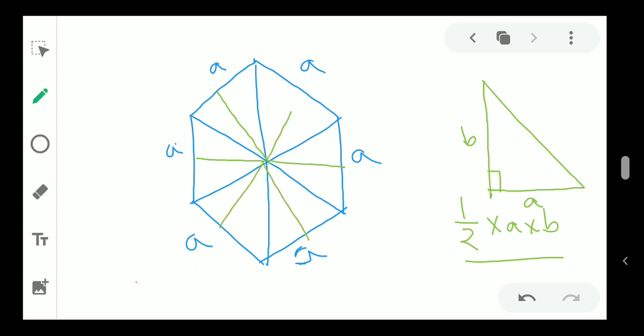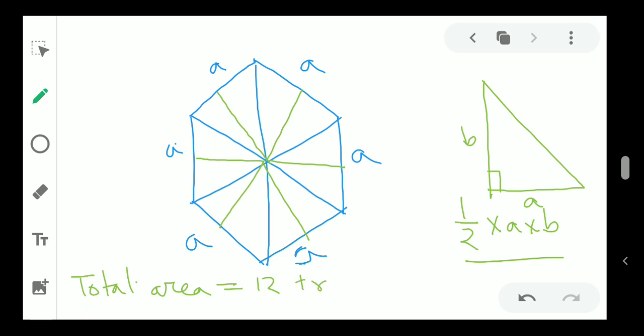We are getting something like this. So how many triangles are we getting? 1, 2, 3, 4, 5, 6, 7, 8, 9, 10, 11, 12. So I am getting here a total of 12 right angle triangles. So the total area of this hexagon I can write as 12 right angle triangles.